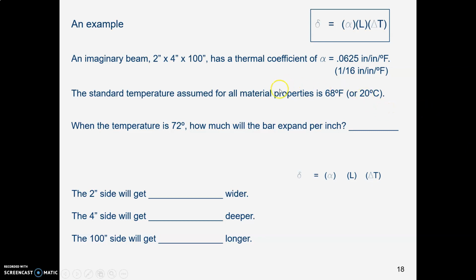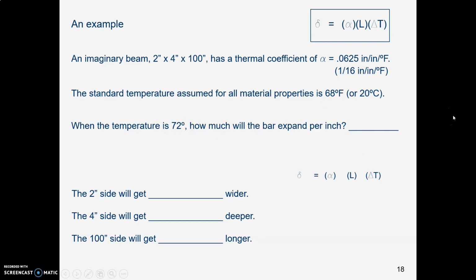So every material, its properties are stated as of 68 degrees Fahrenheit. And tools are calibrated at that temperature, measuring devices are calibrated at that temperature.